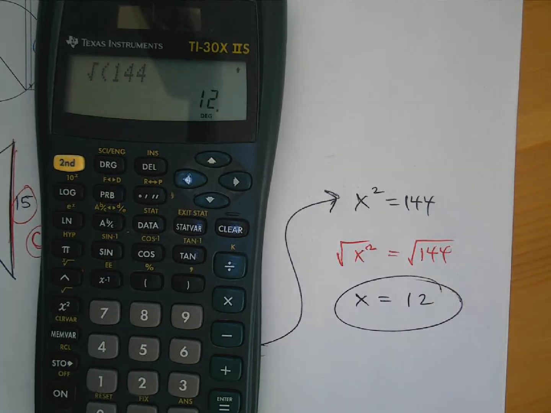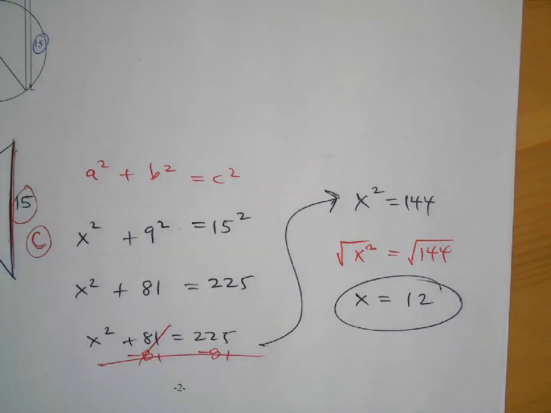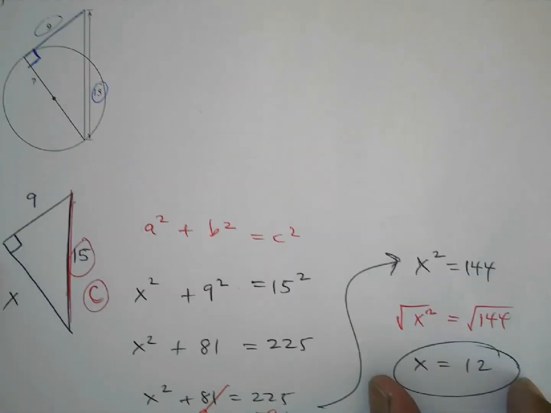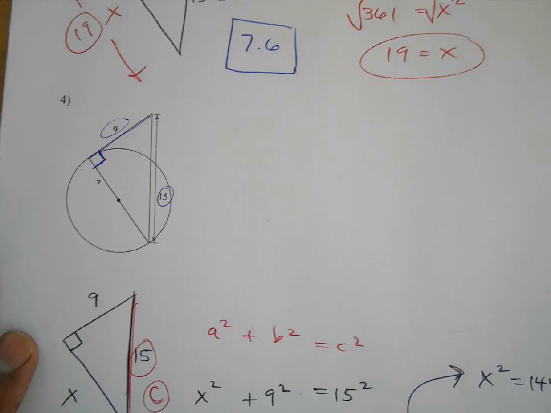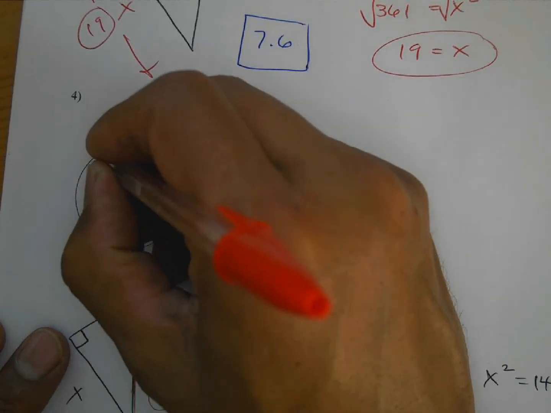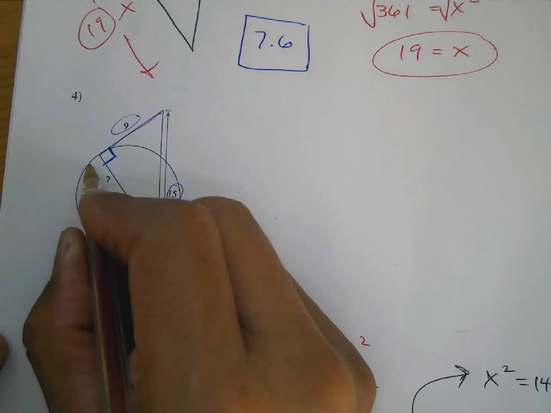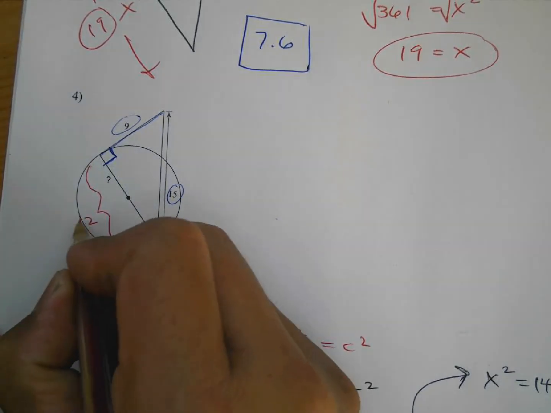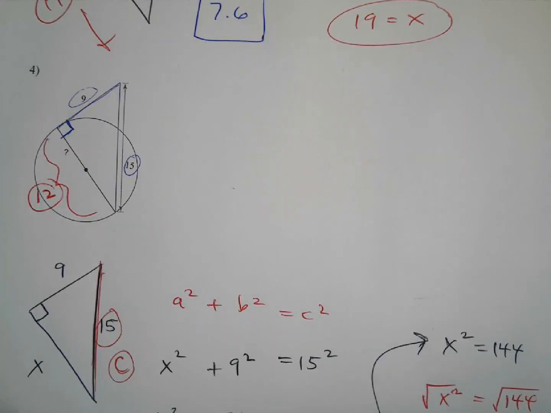But that's not the answer for this problem, okay? So watch here. Why not? Because now when I get this information, remember what happened in the previous problem, they're not asking me for the whole side. They're telling me that from here to here, this whole side is 12. This whole side is 12. But they're not asking me for the whole side.